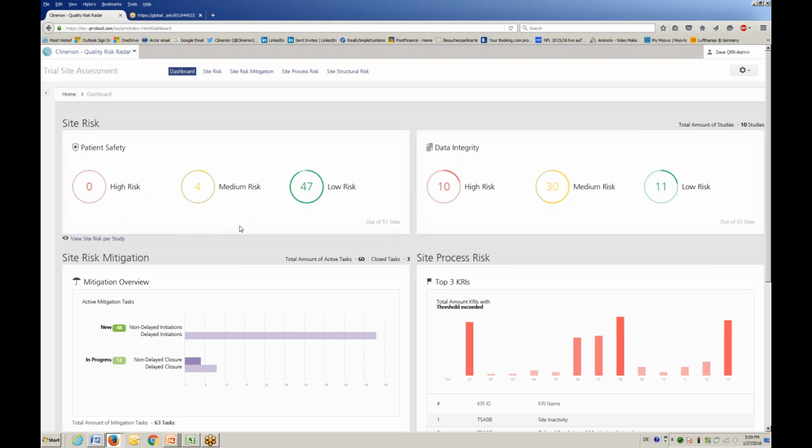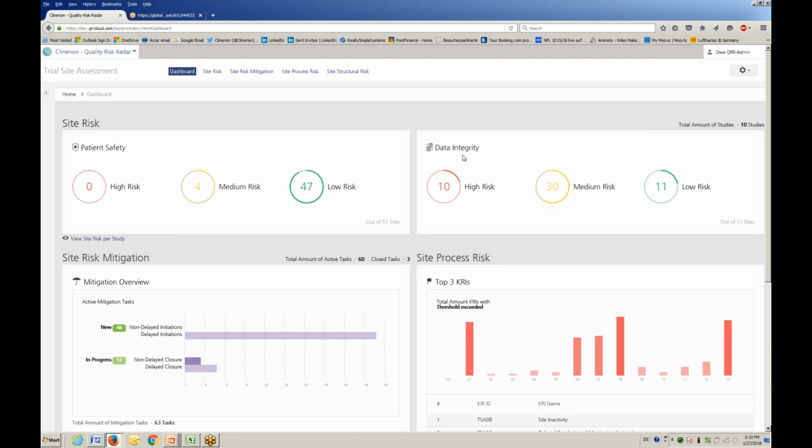The distribution is done according to the classical traffic light system. So we have high, medium, and low risk, illustrated in red, yellow, and green colors to facilitate quick information flow. In our example, patient safety is looking rather good in terms of risk exposure: 0 high-risk sites, 4 mediums, and 47 lows.